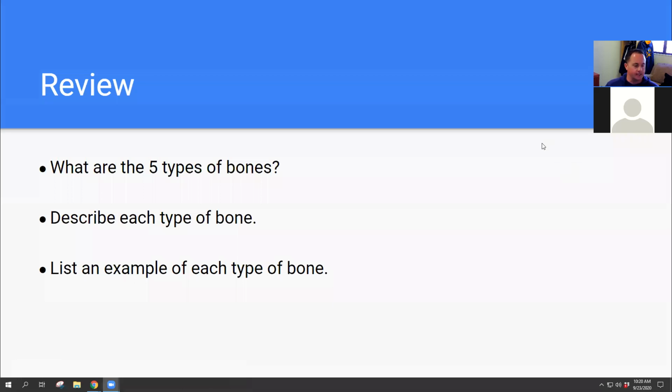Okay, so that's 5 minutes. Sam, what is one type of bone we talked about on Monday? A short bone. Short bone, okay? Arvind, how would you describe a short bone? The short bone has the same width and height and depth.